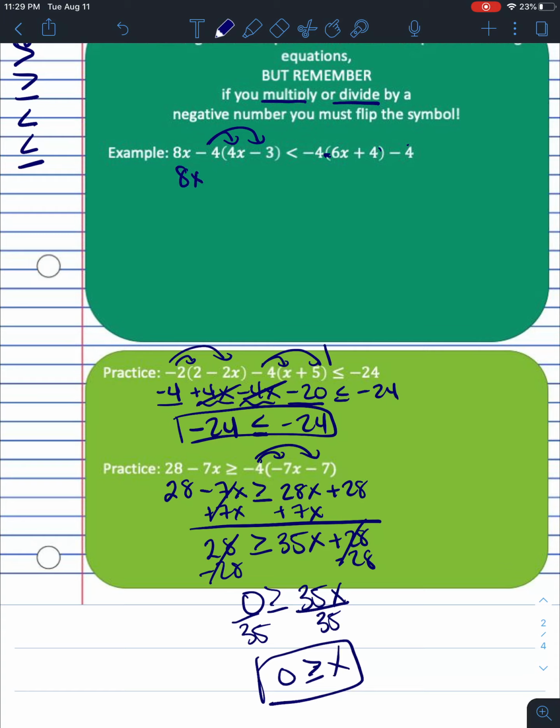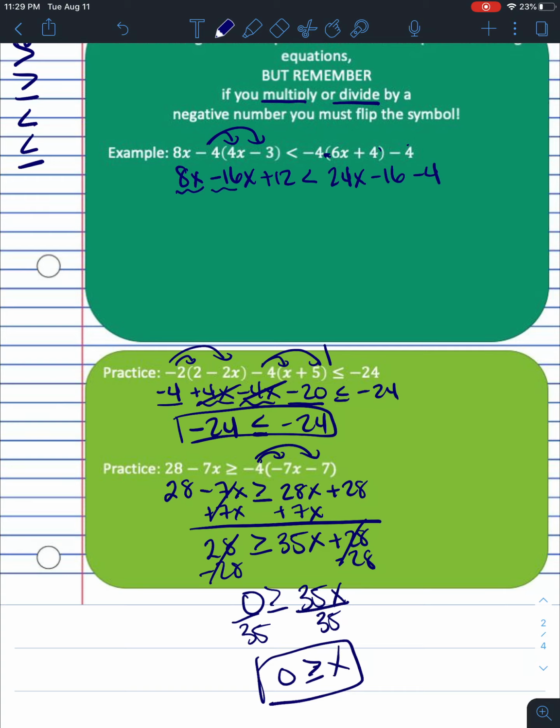All right, so 8x, negative 4 times 4x is going to be negative 16x. Negative 4 times 3 is positive 12. It's less than negative 4 times negative 6 is going to be a positive 24x. Negative 4 times 4 is negative 16 minus 4. I think this will work out the way I want it to now.